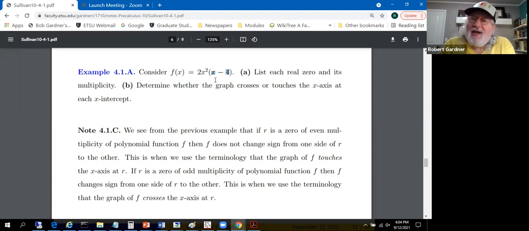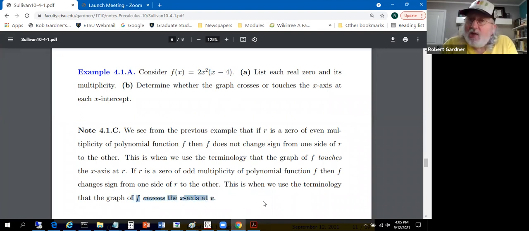So on one side of 4, that is for x slightly less than 4 versus x slightly greater than 4, this factor has different signs. You raise it to an odd power, it's still got different signs on the left or the right of 4. So when you have a factor of odd multiplicity, that's when f changes sign from one side to the other. Or in the terminology we've used, that's when f crosses the x-axis.